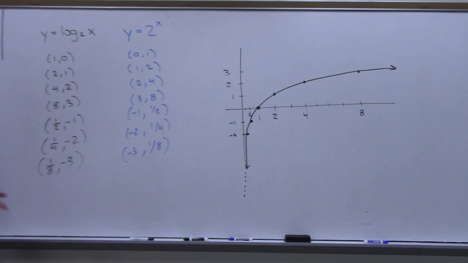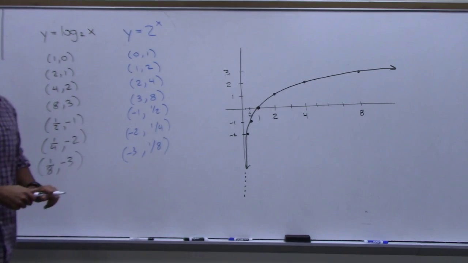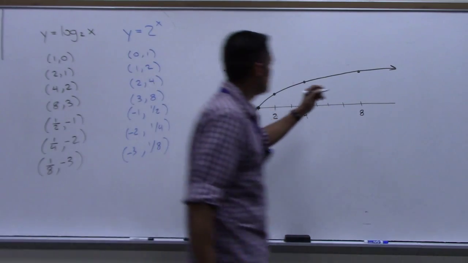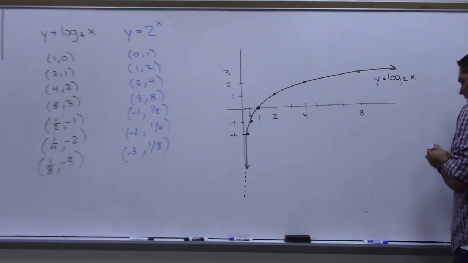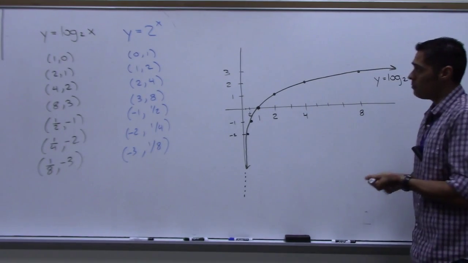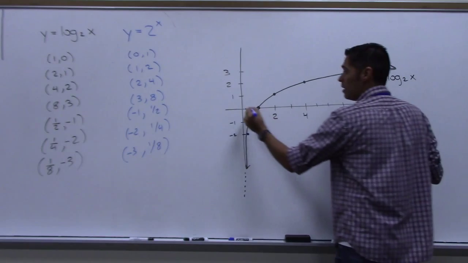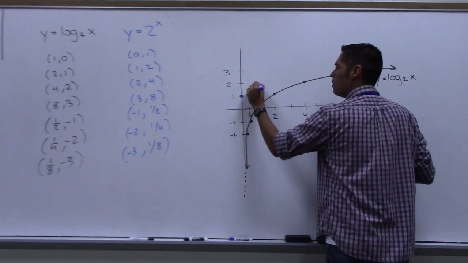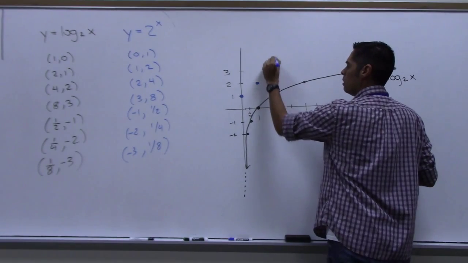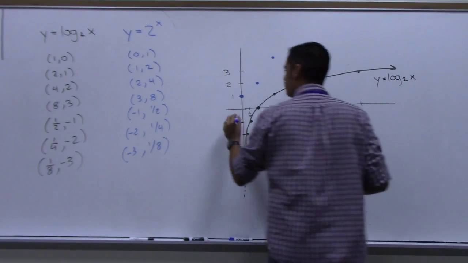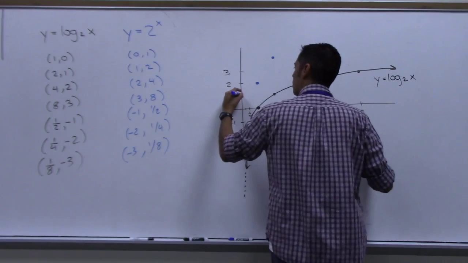Understand that? So if I graph the blue one, which is 2 to the x, and let me label this. This is y equals log base 2 of x. If I graph 2 to the x with this one, at 0 we were at 1, at 1 we were at 2, at 2 we were at 4, at 3 we're at 8. It would look like this.